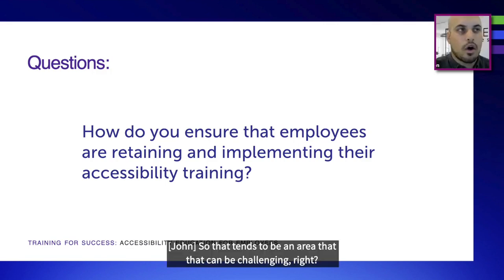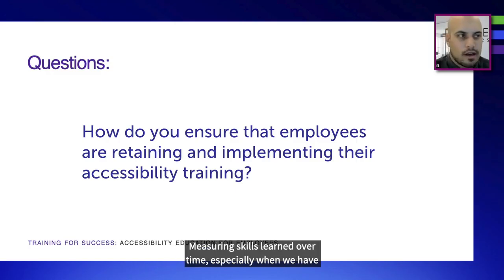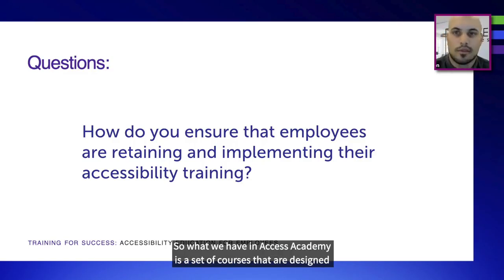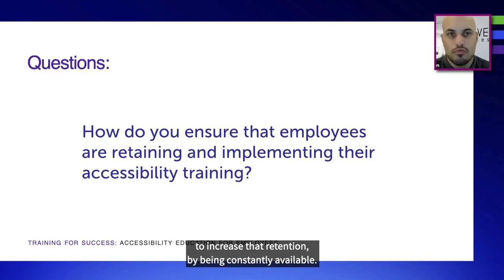Mm-hmm. So that tends to be an area that can be challenging, right? Measuring skills learned over time, especially when we have a lot of turnover or a lot of shuffling between teams. So what we have in Access Academy is a set of courses that are designed to increase that retention by being constantly available and by giving real-time solutions.